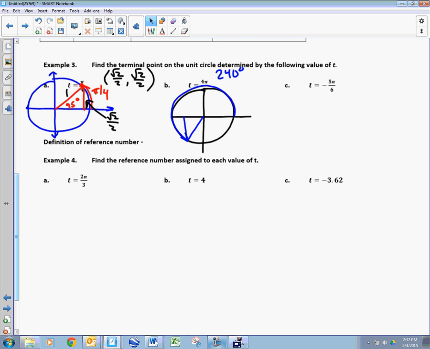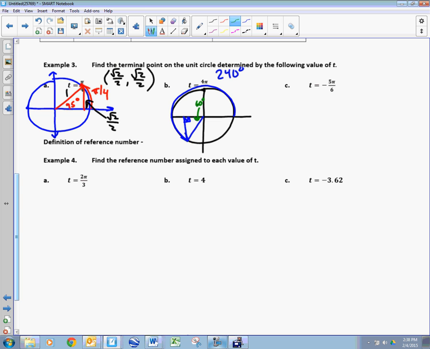You always draw the leg of the triangle to the x-axis. Always draw it to the x-axis. Never, ever, ever to the y-axis. All right, so how many degrees past 180 did we go? 60, okay? So you know that's 60.